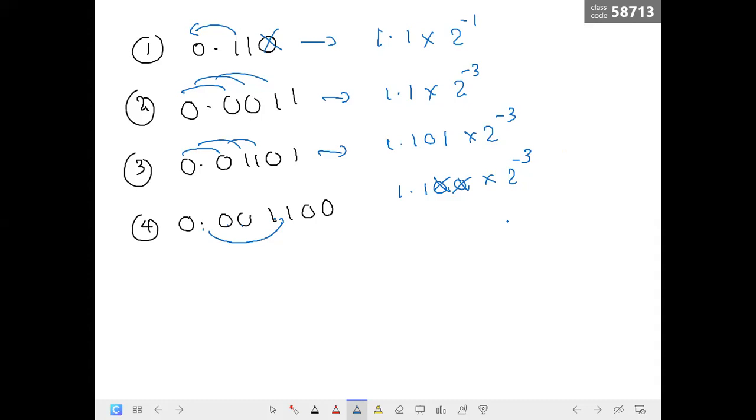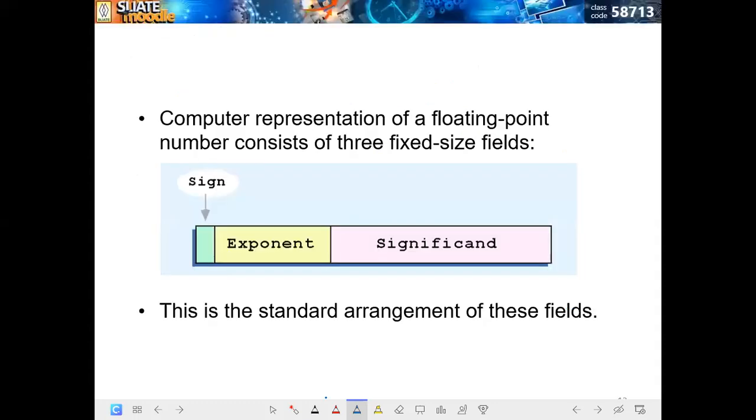Right. Okay. Now you know how to represent a number in a normalized way or scientific method. Then we will move to the next slide. Computer representation of a floating point number consists of 3 fixed size fields, right?